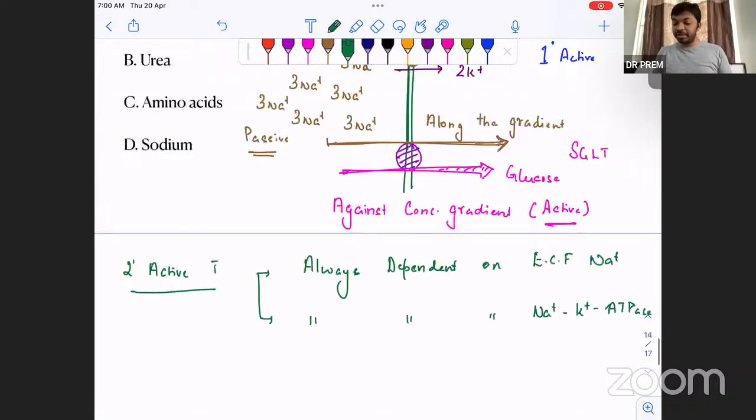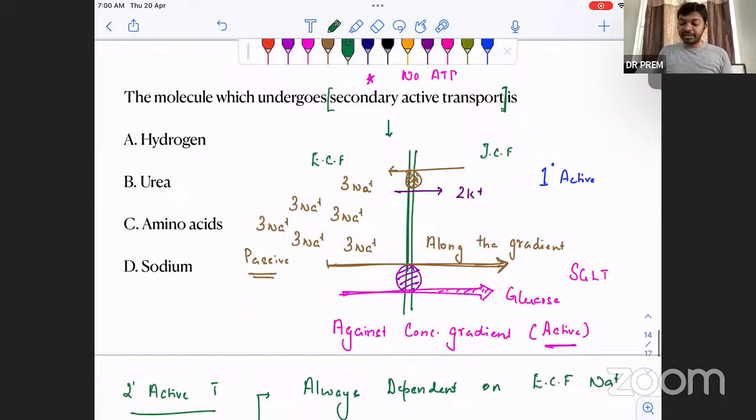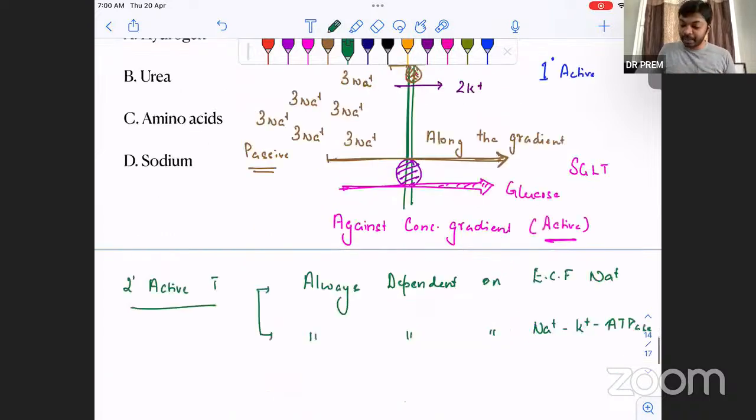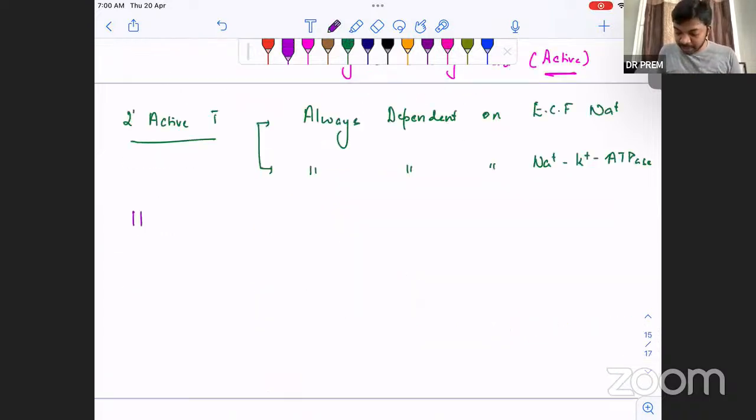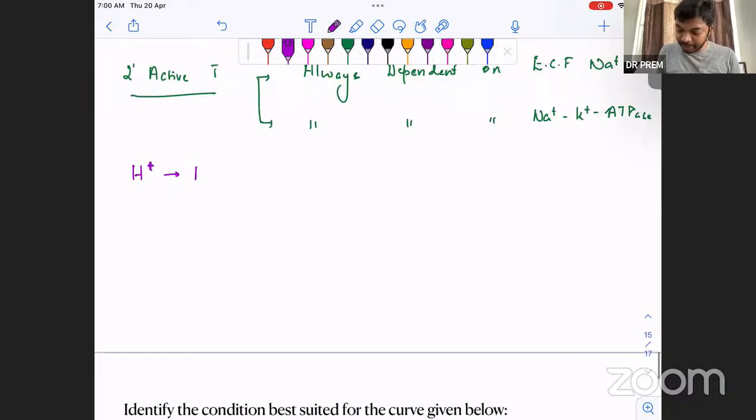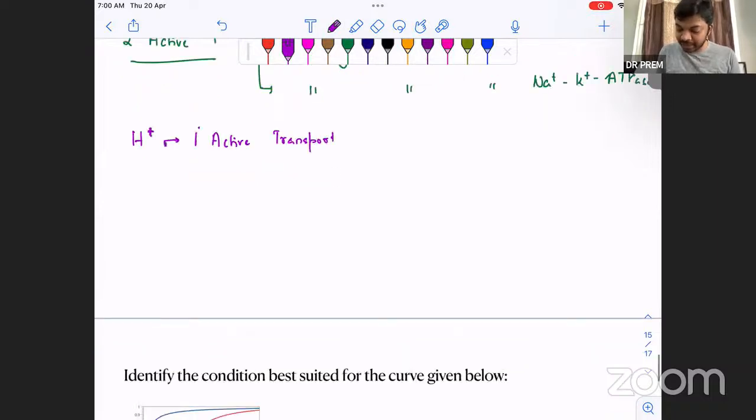Please remember, in this question you have hydrogen, urea, amino acid, and sodium. Usually hydrogen is transported by primary active transport. Rarely, hydrogen is transported by secondary active transport.